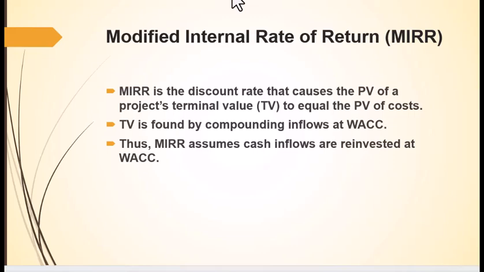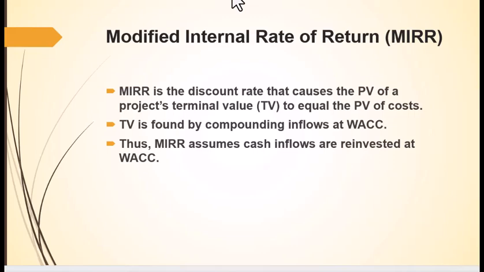So it takes these future cash flows and moves them forward to the end of the project. It's what they refer to as the terminal value. So then we actually have two cash flows: the investment cash flow at time 0, and the terminal value at the end. Since we also know the time frame, we know N, we have a present value, a future value, and N, we can solve for the interest rate.